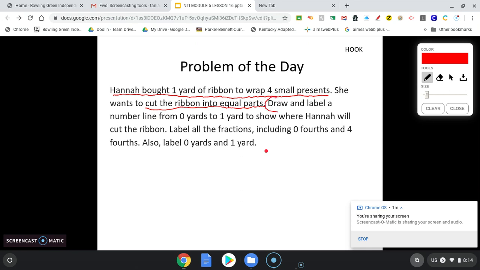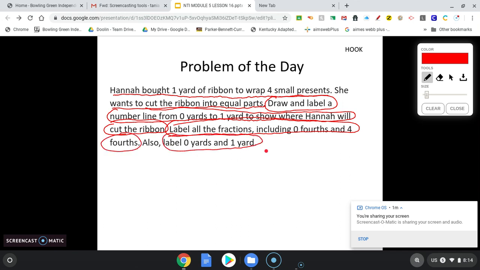We have to draw and label a number line from 0 yards to 1 yard to show where Hannah will cut the ribbon. We also have to label all the fractions including 0/4 and 4/4 and label 0 yards and 1 yard. So we have a lot that we have to do in this problem today.